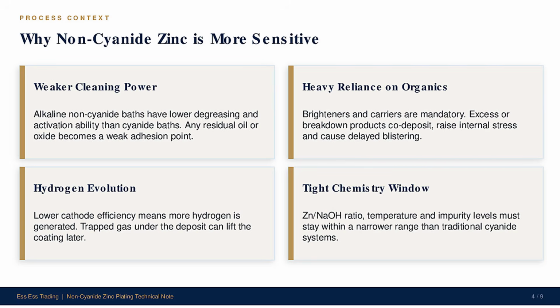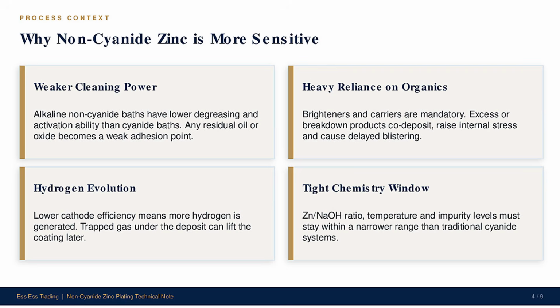Now, why is non-cyanide zinc plating more prone to blistering? Well, the cleaning power of alkaline non-cyanide baths is weaker than cyanide baths, so residual oils or oxides can remain and cause adhesion problems. These baths also rely heavily on organics like brighteners and carriers, which, if excessive or broken down, increase internal stress and cause delayed blisters.